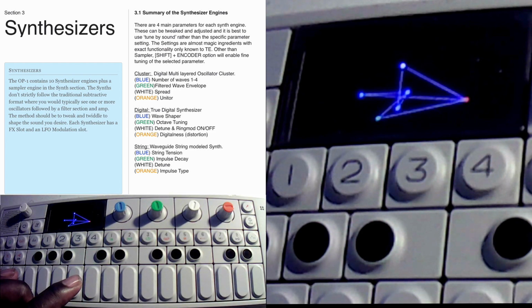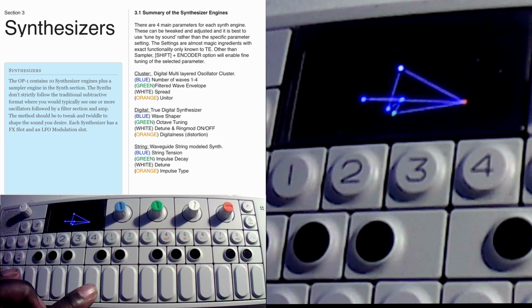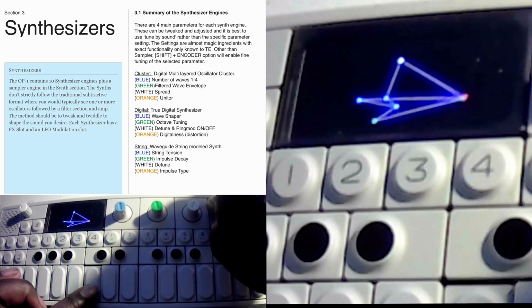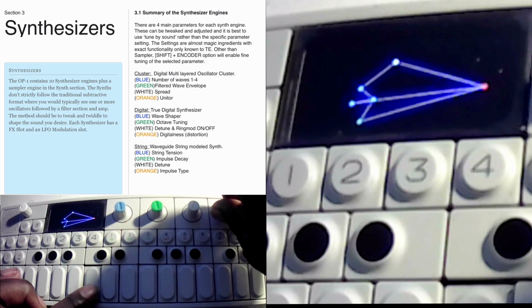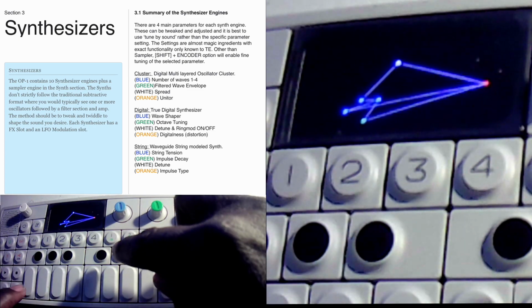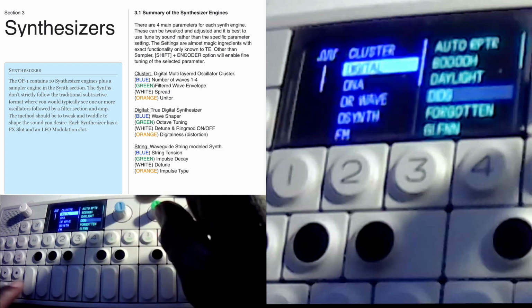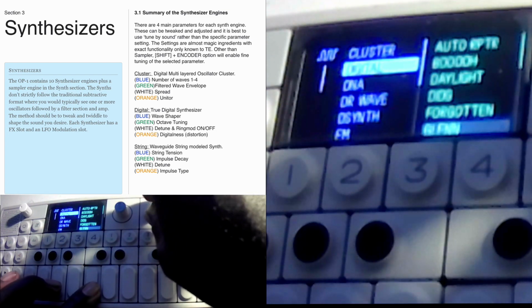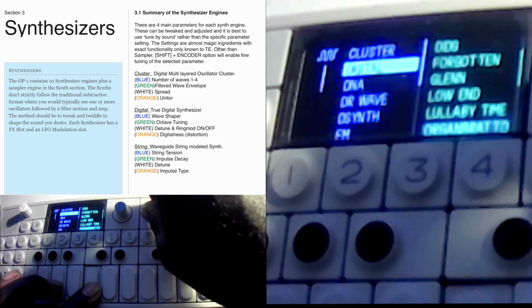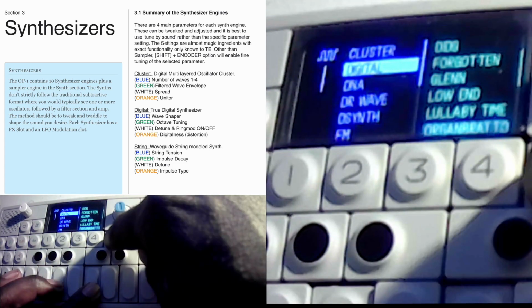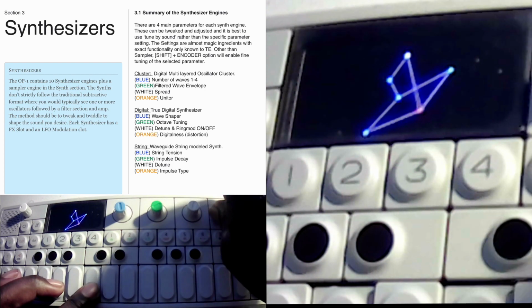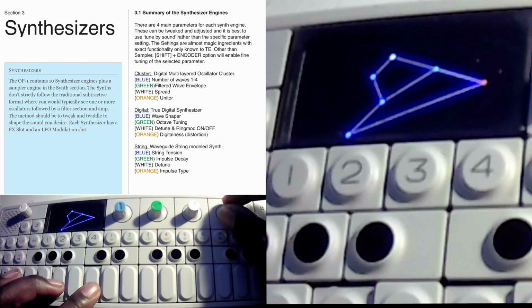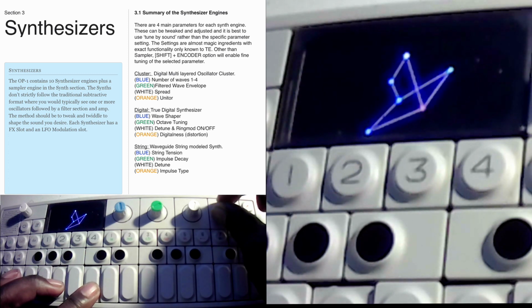And the last one is digitalness, or distortion. That's off, and then that's fully open. It gives an almost, I don't know, I can't really describe the sound. Let's choose this organ sound. I'm fully open on the yellow-orange knob, digitalness.